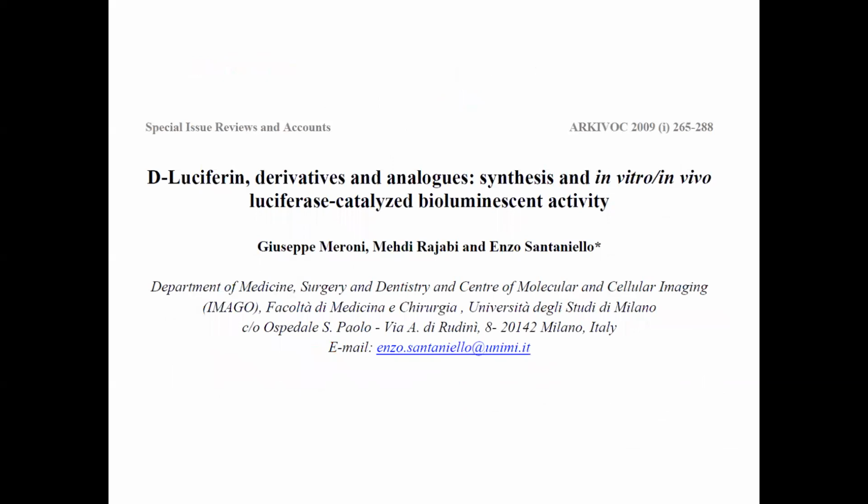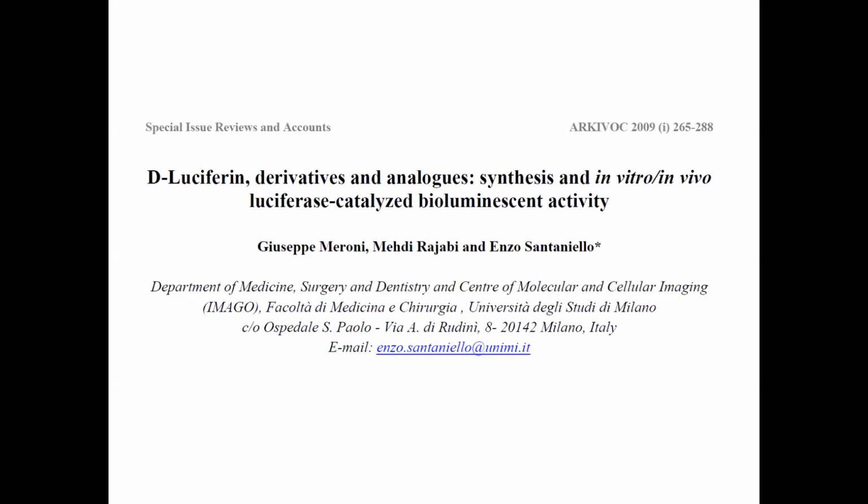Now a lot of synthetic articles are being reported about luciferin, but for simplicity, I'm using this paper. It's given by Meroni, Rajabi, and Sandinolo. The title of the paper is D-luciferin, derivatives and analogs, synthesis and in vitro and in vivo luciferase catalyzed bioluminescent activity, reported in the journal Arkivoc 2009.